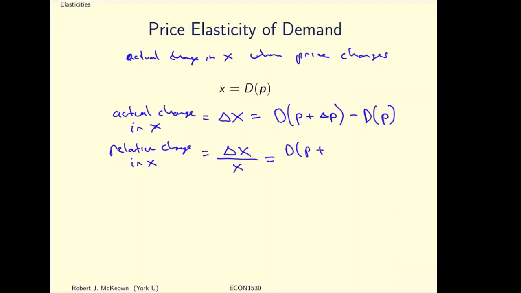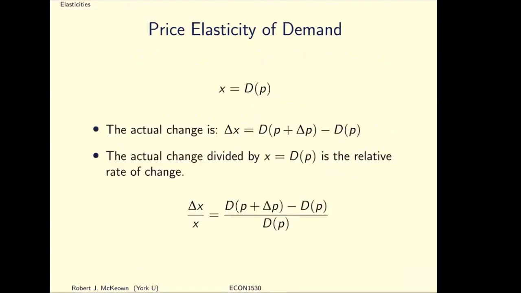We're going to have the demand function at the original price P plus the change in P, minus the demand function at P, and all that divided by X itself, which is D of P, the demand function at the original price.